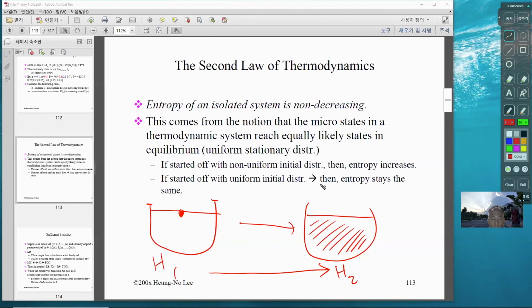The stationary distribution depends only on the transition matrix, not on the initial distribution. Because this is a Markov chain, it forgets the initial distributions. Okay, so that's what I mean by the entropy of a Markov chain.